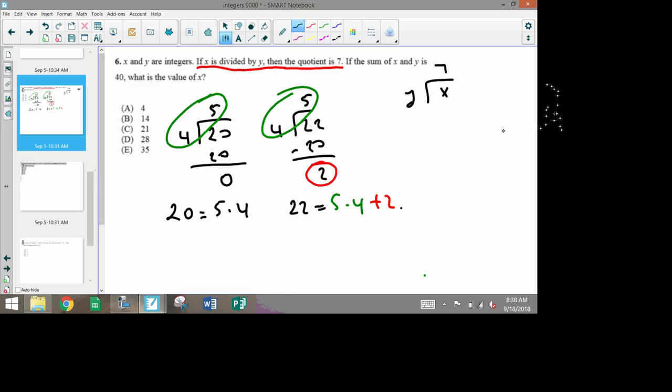Then I should do the same thing, 7 times y. When I subtract the remainder, is there any remainder? x is divided by y, then the quotient is 7, so there's no remainder, 0. So what is x equal to? You guys tell me.